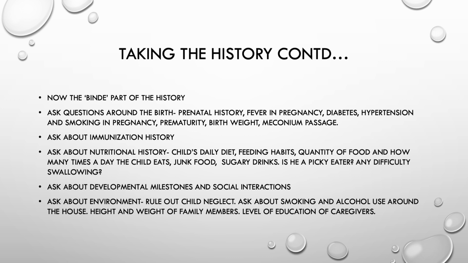So if the height and weight of the family members are also small, then this child may just be healthy and be constitutionally small like the parents. So having that in your history is really important. You also want to know the level of education of the caregivers, their socioeconomic status, to rule out poverty and the likes.